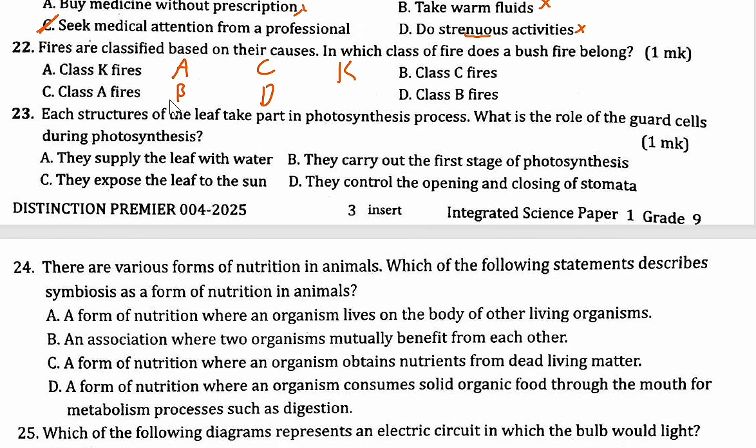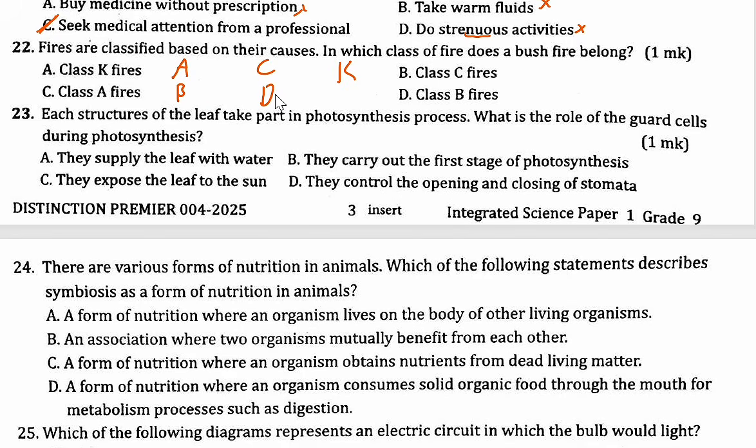Class B, big, B standing for boiling liquids. For example, petroleum, gasoline, and so on. Class C, cats, C stands for current. This is electrical fires. Class D, dance, D stands for dangerous metals.